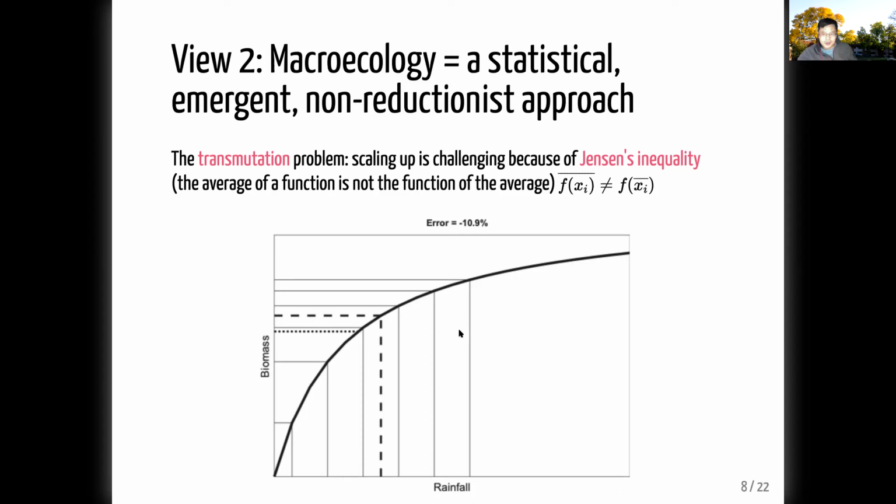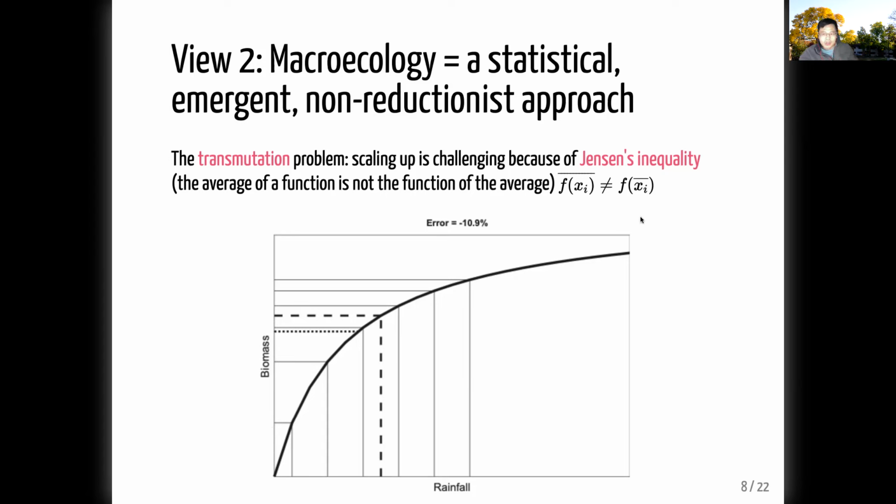Then the corresponding y value is going to be f(x_i), so here f(x1), f(x2), f(x3), f(x4), f(x5), and f(x6). And then the bar of this f(x), which is the average of the function, is just the average of the 6 values, and that's going to be this horizontal dotted line. So this is f(x) bar.